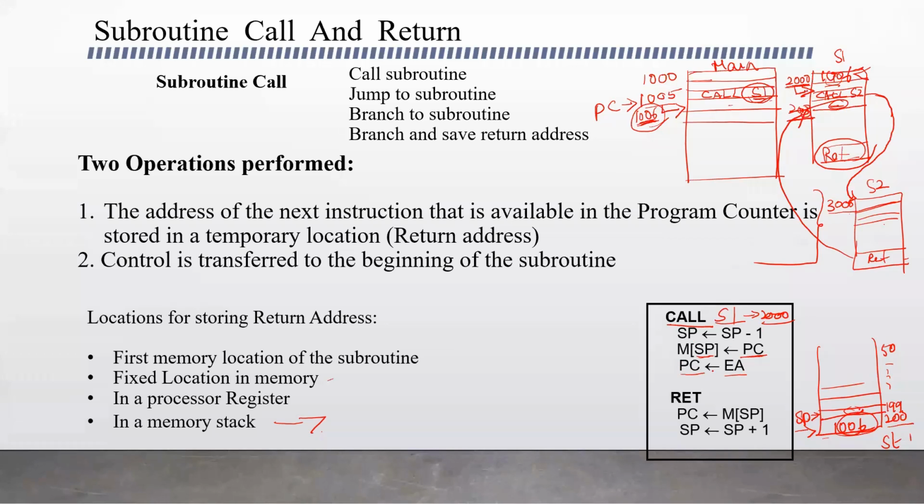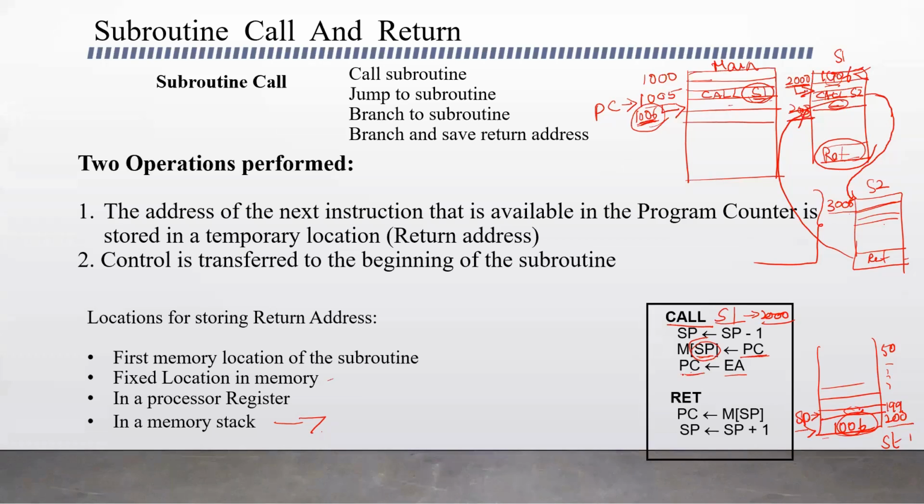This way, the call instruction, calling a subroutine, can be implemented. These are the micro operations performed. The stack pointer is decremented to move to the next top location. In that location of SP in memory, PC has the return address of the next instruction, so that is moved to the stack, and PC is loaded with the effective address, the branching address.